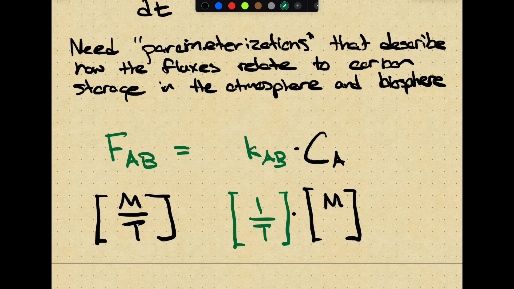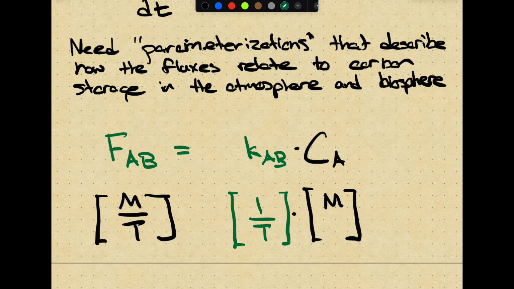No, it can't be greater than 1, because that would mean you can produce more than 100%, you can photosynthesize more than 100% of the carbon that's in the atmosphere. If it's more than 1, we're also inventing mass, which is not physically possible. So this is a number between 0 and 1. We take its inverse and we get some kind of residence time, a turnover time. How often does the carbon in the biosphere or the atmosphere turn over?